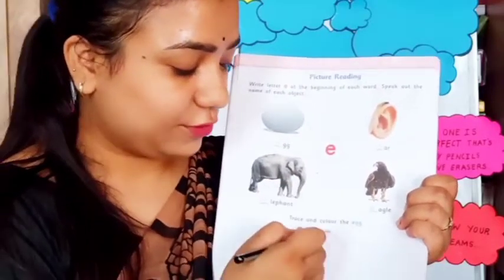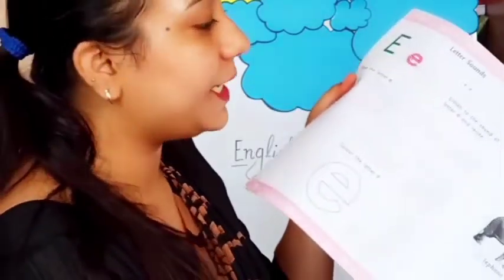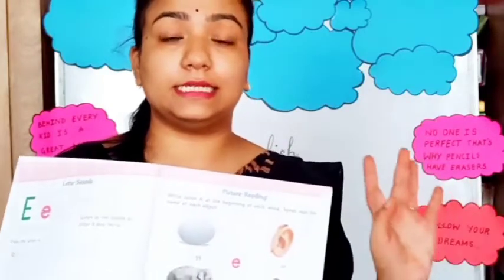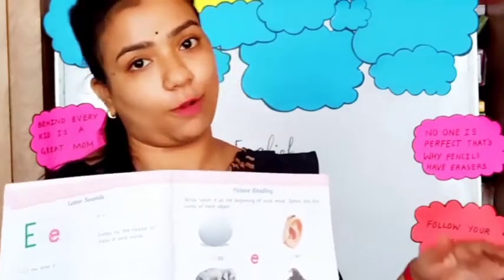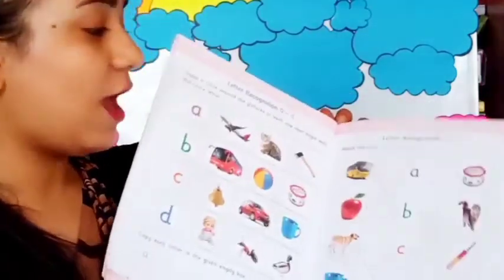And you have to trace this egg and then you will color this egg. Okay. So here we have completed our exercises also till letter E. Now we will learn how to make letters C, D and E in copy. In book small letter is given, so you will practice capital letters in copy.